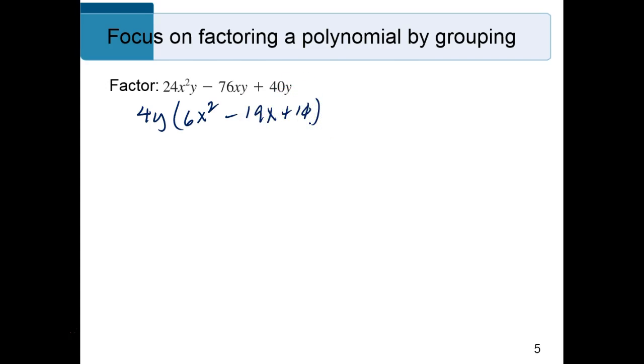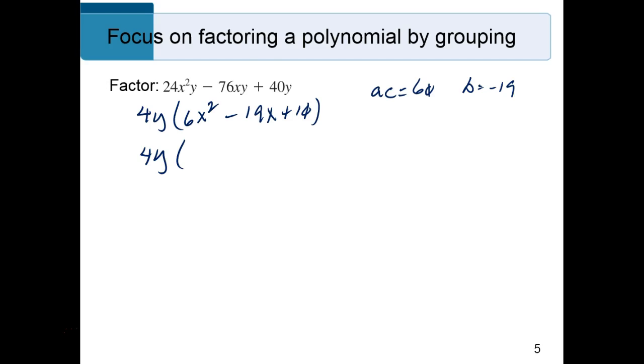Okay. Got it? And we brought down the 4y. And to do the factoring of this, we determined the AC. What was AC again? 60. And what was B? Negative 19. Now that's where we stopped.